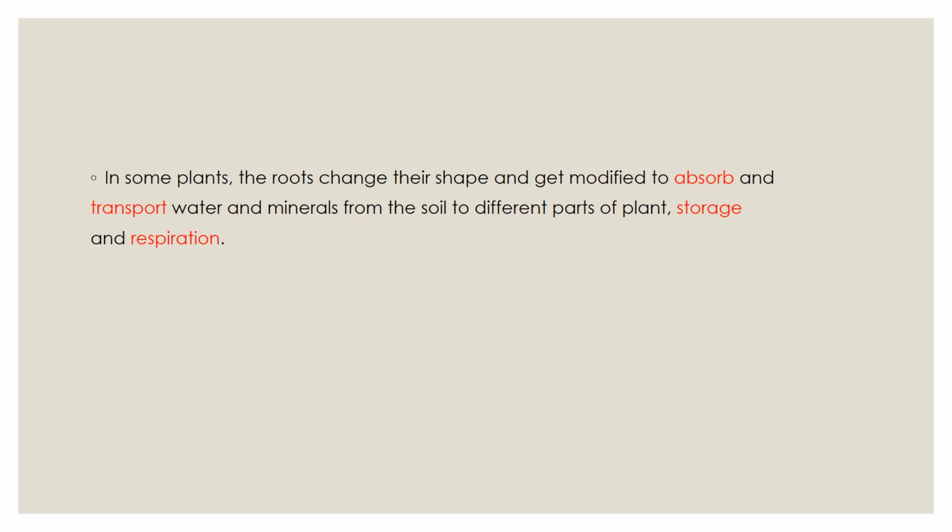Okay, so in some plants, the roots change their shape and get modified to absorb and transport water. This is the basic function of the root, which is to absorb water and nutrients from the soil and transport them upward to the plant, right?